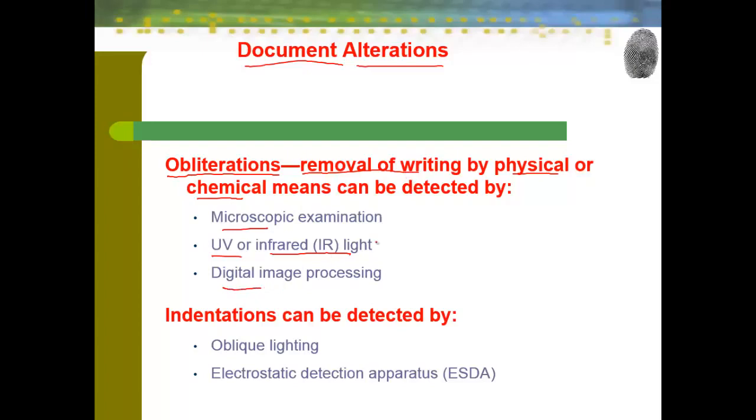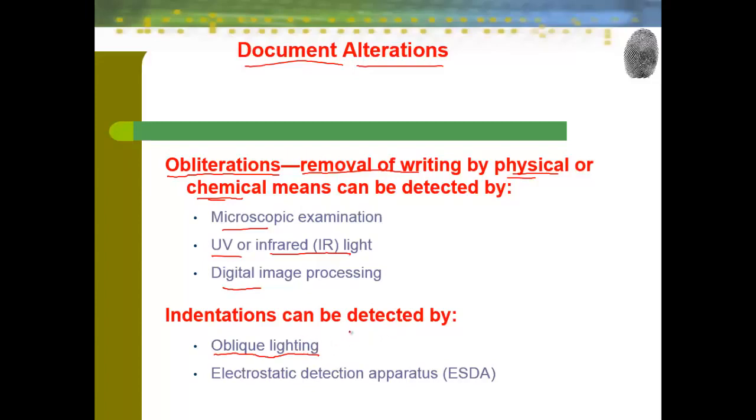Digital processing can help out on looking if we've removed things either physically or chemically. And then a couple ones we're going to look at in our class: oblique lighting is going to be, if imprints are left on one page, a lot of times when you write on that next page, we can actually see the imprints.